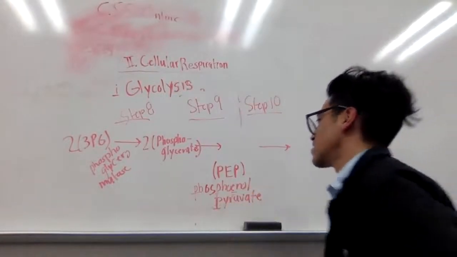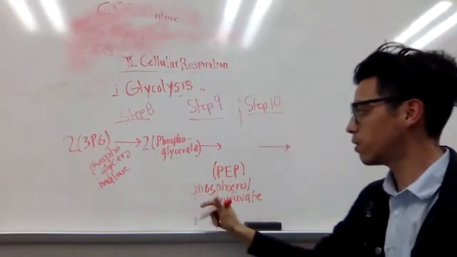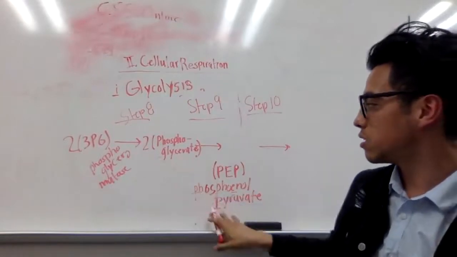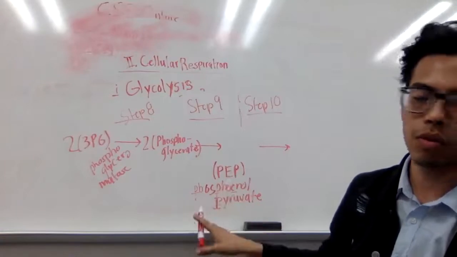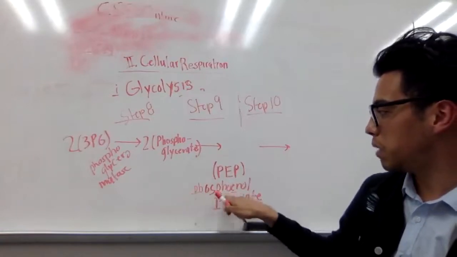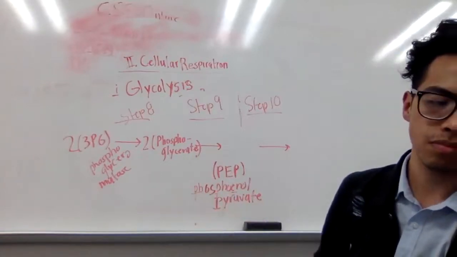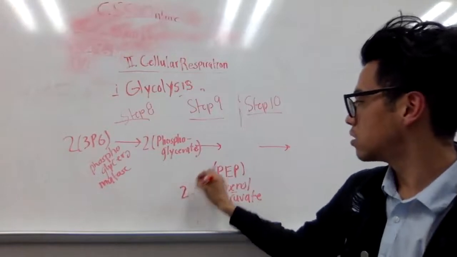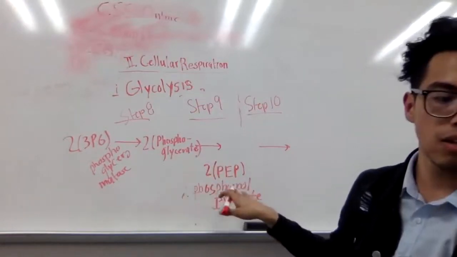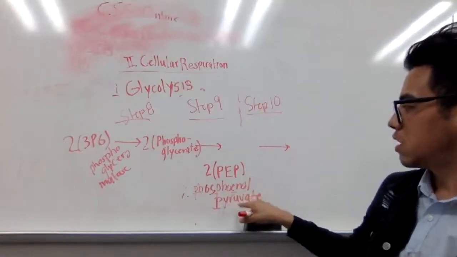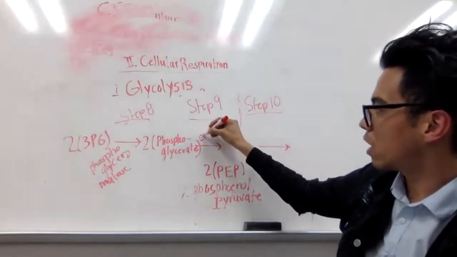Let's see. Okay, so we go from phosphoglycerate to PEP, or phosphoenolpyruvate. That's where you get the name PEP. Two molecules of that. Now, the enol in this name will give you a hint at what kind of enzyme we're going to use.